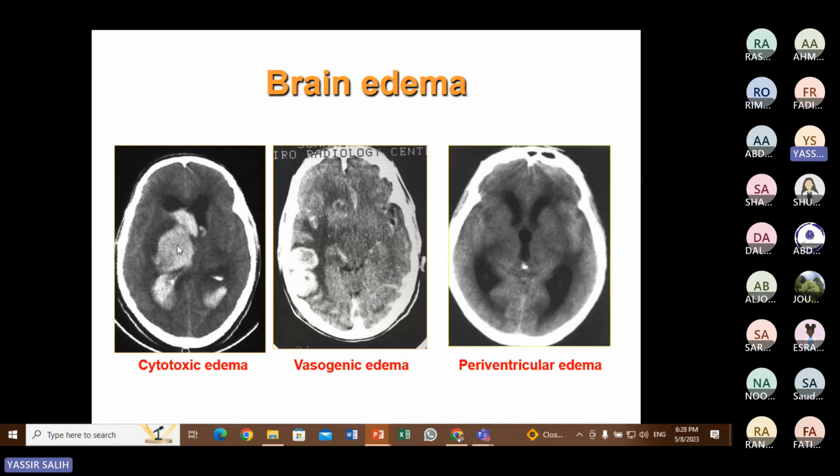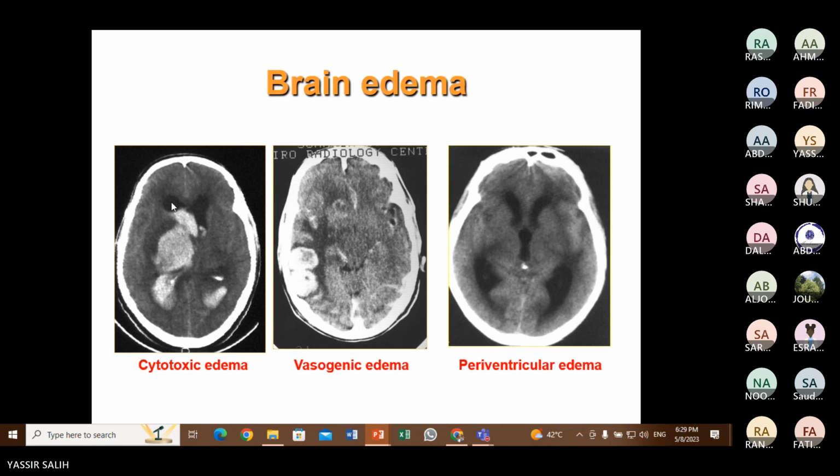No, it is hyperdense. Where is it? Is it in the ventricle or in the brain parenchyma? This is in the brain parenchyma. And you can see there is also a hyperdensity within the... what is this?